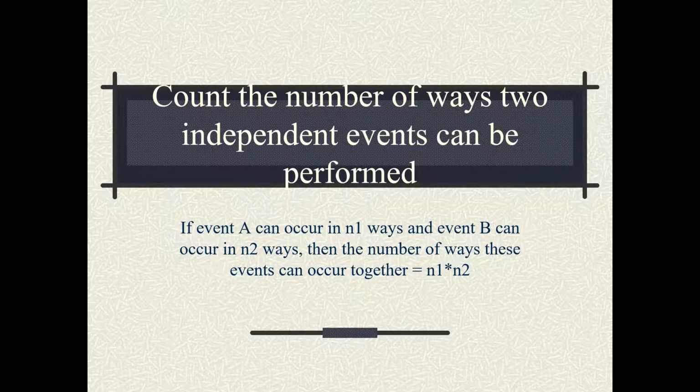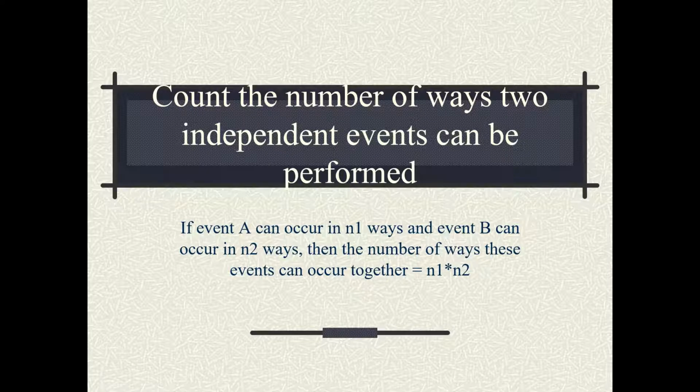Okay, suppose we want to count the number of ways two independent events can be performed. How can we do that? First of all, you need to refresh the concept of independent events. If the occurrence of one event does not impact the occurrence of the other event, that means that the two events are independent.